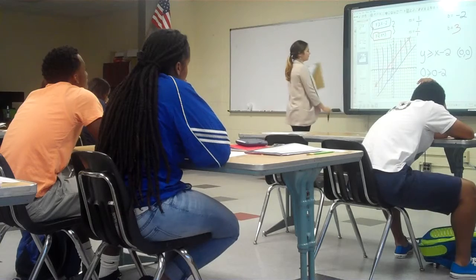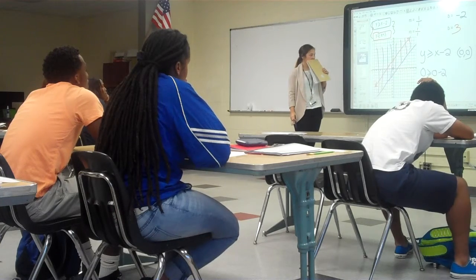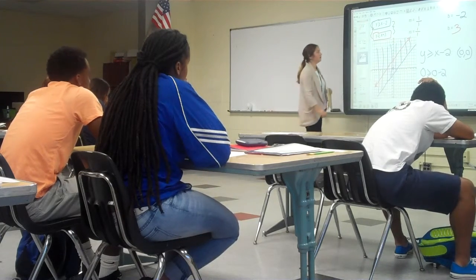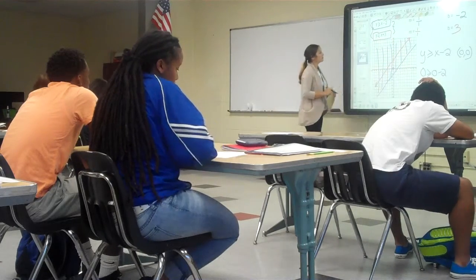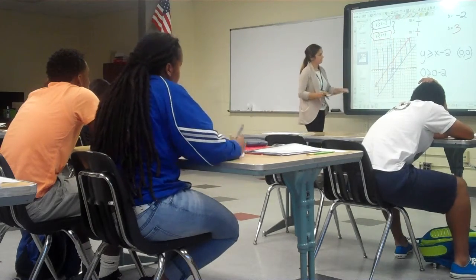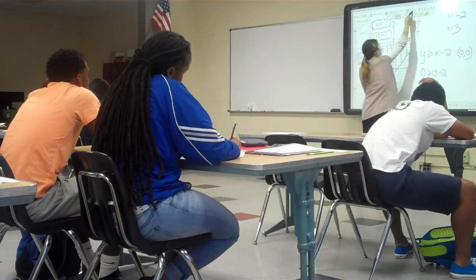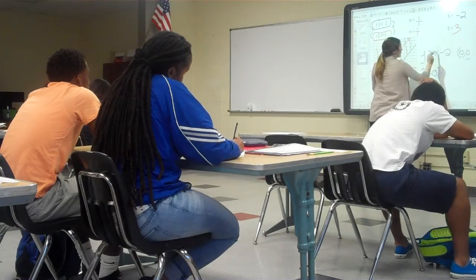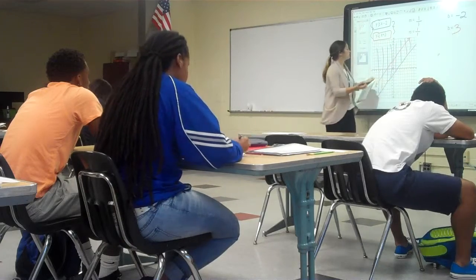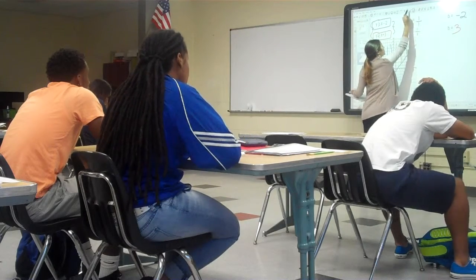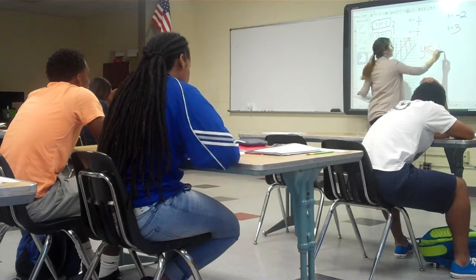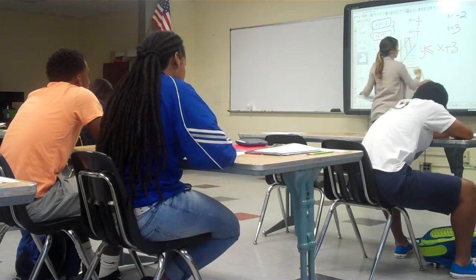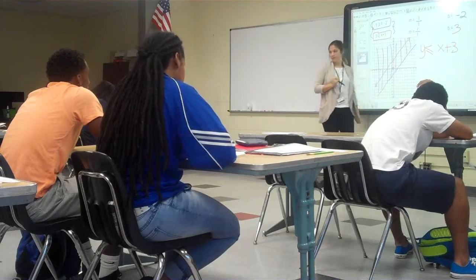Okay. Cool. So let's do the same thing for the red. Our equation is y is less than or equal to x plus 3. Plug in that 0, 0, right?